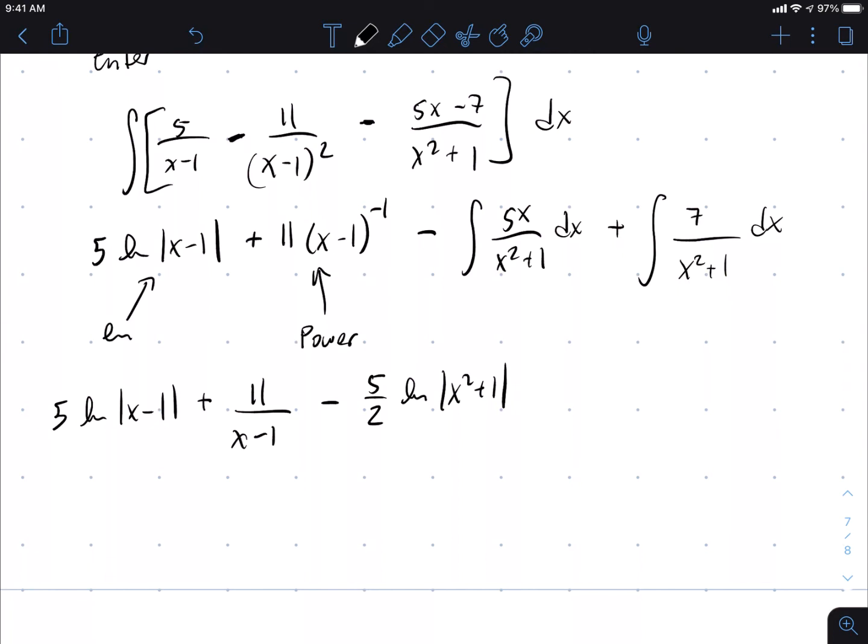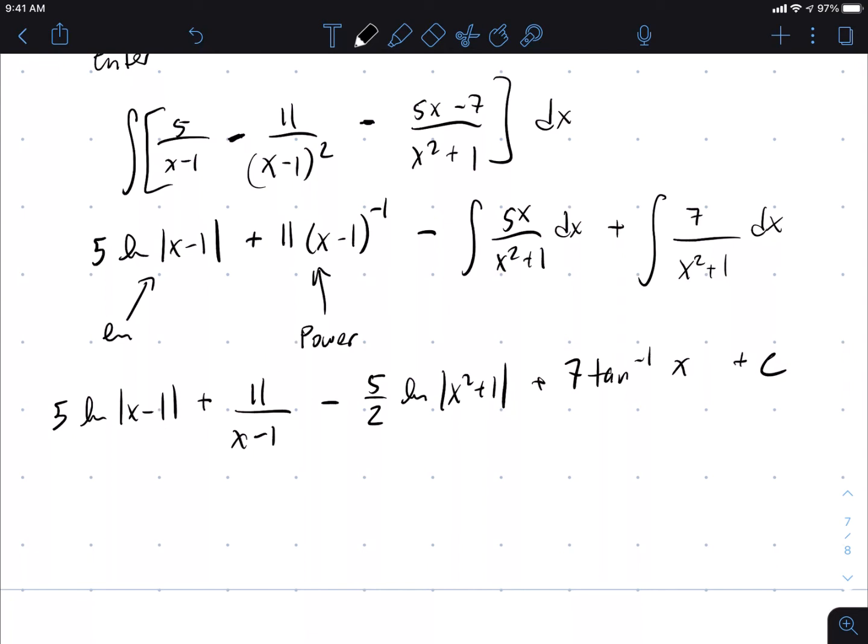And then that last one is a trig inverse, right? So I'm going to get plus tan inverse of x plus my constant c. Ooh, I forgot the 7 in front. We okay?